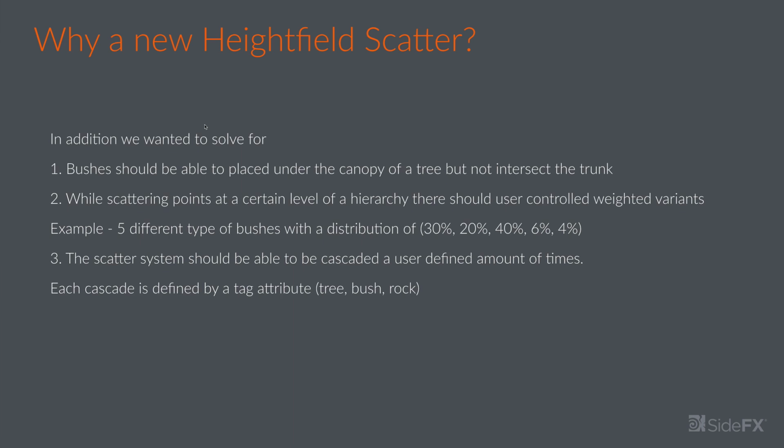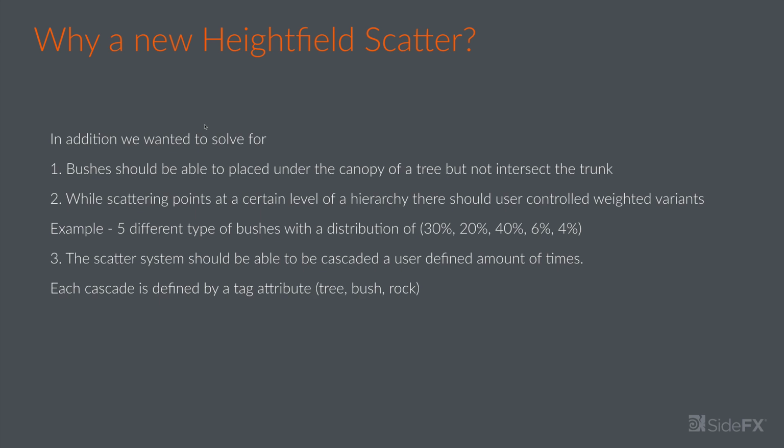The other thing we want to do is, while scattering points at a certain level of the hierarchy, there should be controlled weighted variance. Let me repeat that again, controlled weighted variance. What I mean by that is, again, take the example of placing bushes underneath the canopy of a tree. It doesn't have to be just one bush.